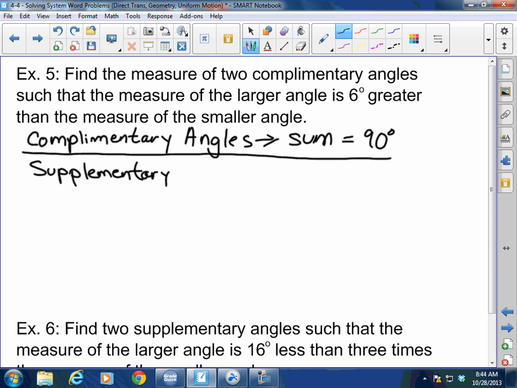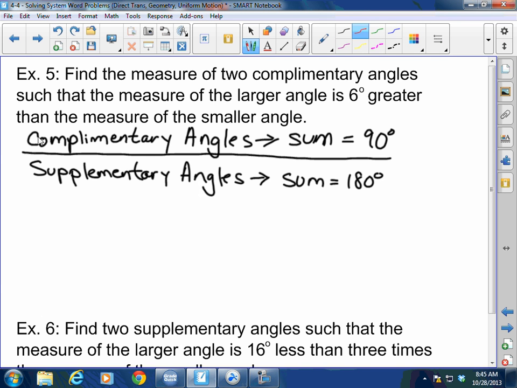Supplementary angles are angles which form a straight line. So in other words, they have a sum of 180 degrees. So those are just two facts that some of you probably know. Maybe you forgot. Maybe I just reminded you. But it's good to know these things.